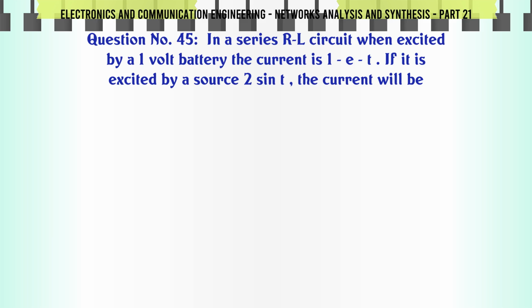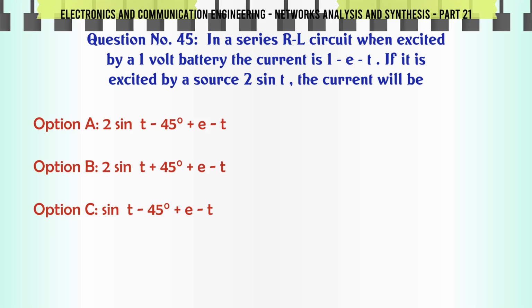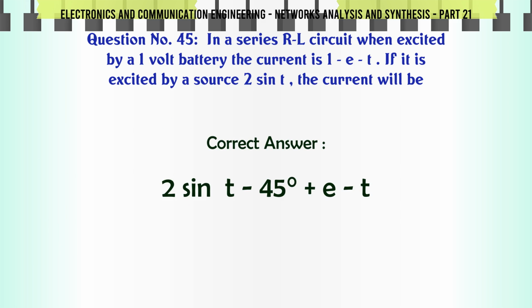In a series RL circuit, when excited by a 1-volt battery, the current is 180. If it is excited by a source 220, the current will be: A. 220 45 ET, B. 220 45 ET, C. 220 45 ET, D. 220 45 ET. The correct answer is 220 45 ET.